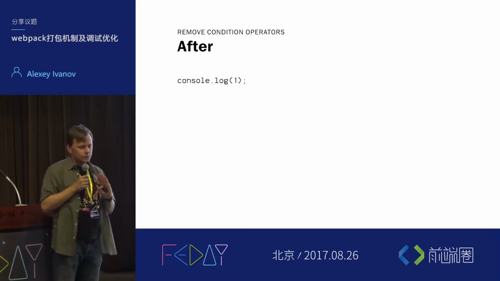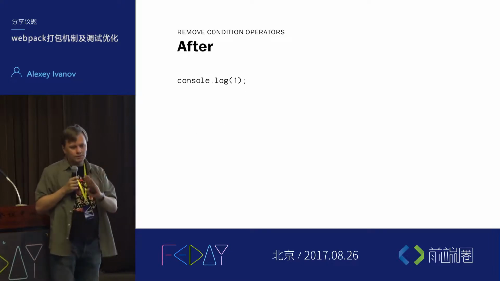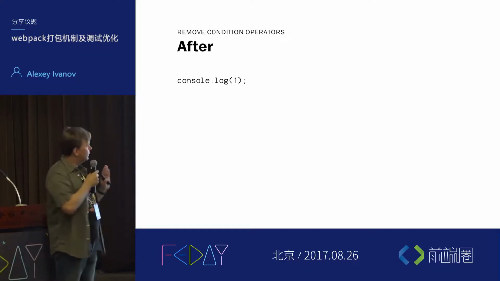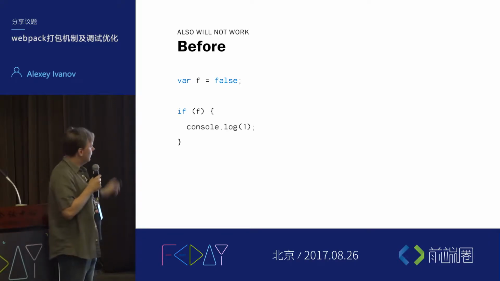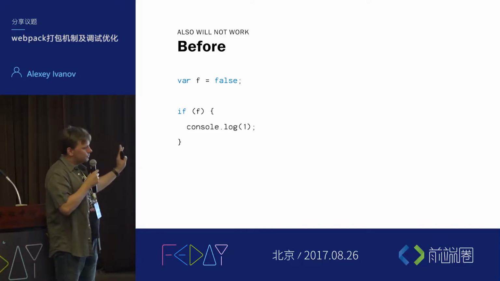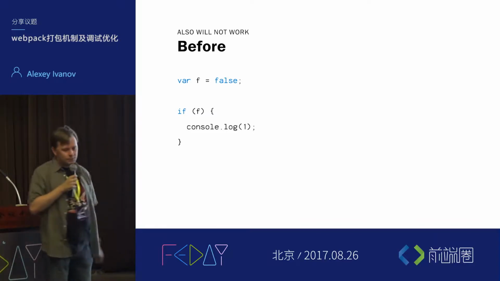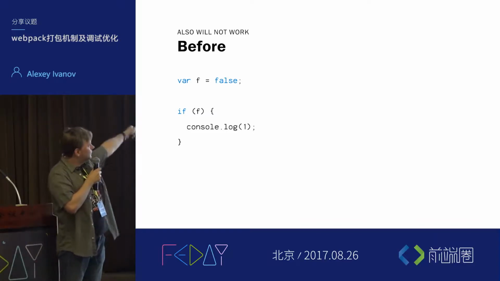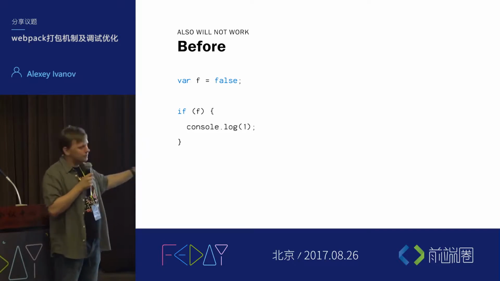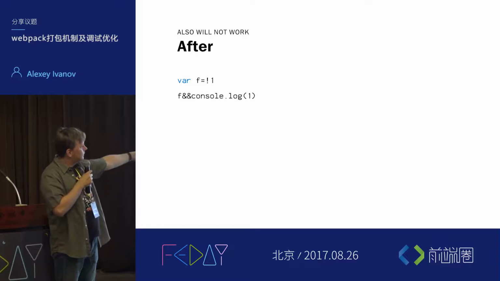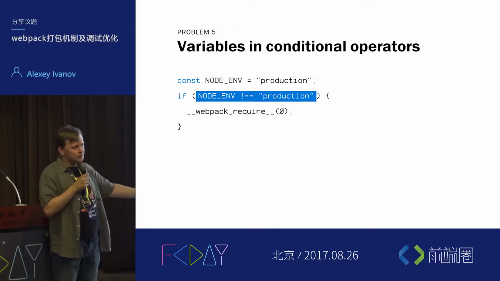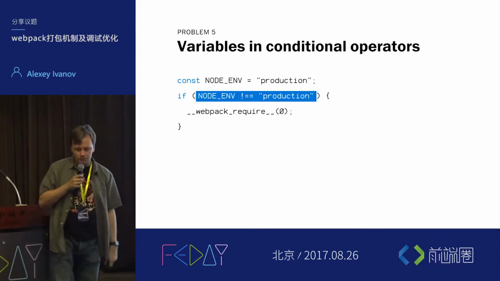But it also works only with booleans or strings. If we have something like a variable inside of it, it will not work. This code will not be removed. It will be shorter, but it will still be here. This way, if we have something like from the previous example, this code block will not be removed, and this line will still be in our bundle. It will never be executed, but it will still be here.